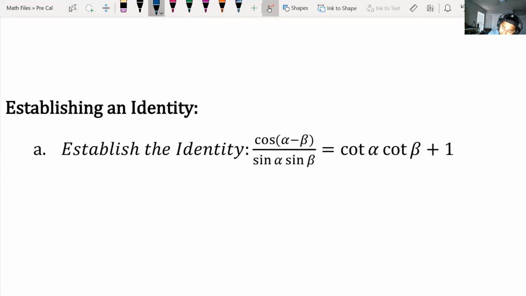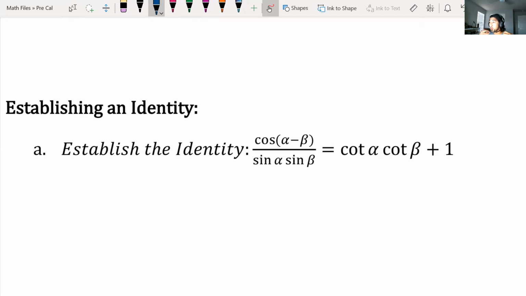Does it make a difference on which side you start on? Hey man, it's identities. Did you watch the video yet? The beginning of it, but not all of it. Does this work the same way where you choose the most complicated one? Exactly. You can choose left or right. It doesn't matter. It works either way for all of them.